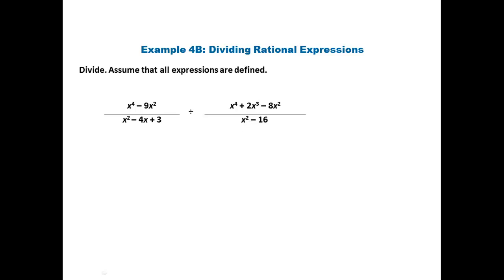So go through, factor, see what can cross out, and see if you can come up with the correct answer that we will check in class tomorrow. Take a few minutes for that. When you're finished, go on to the next page.